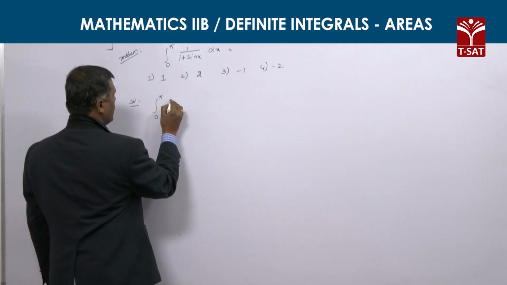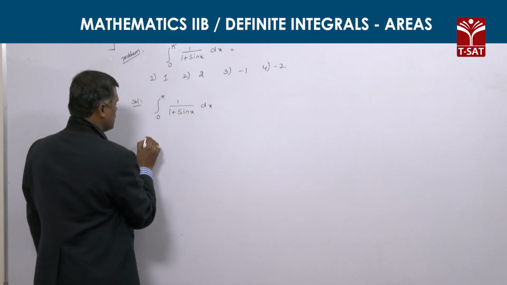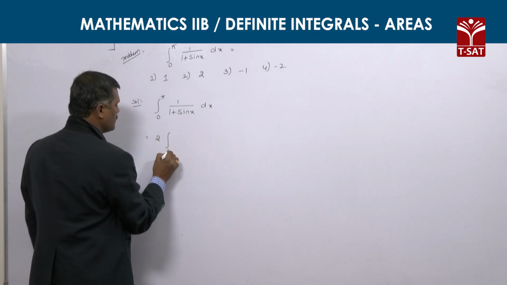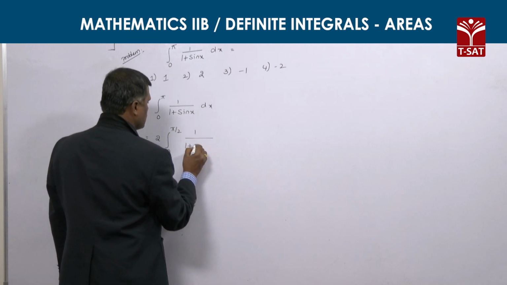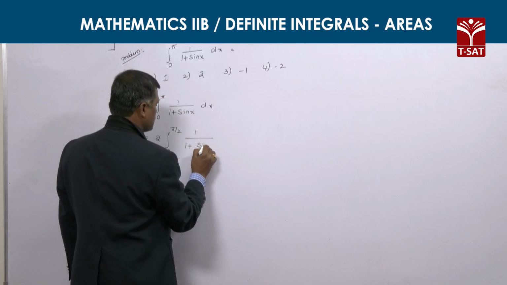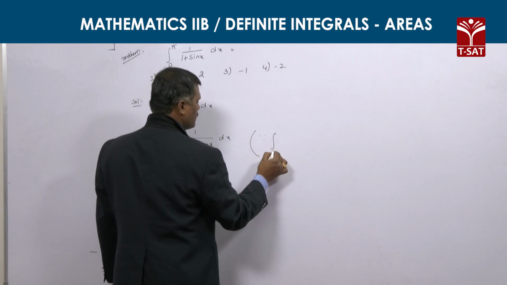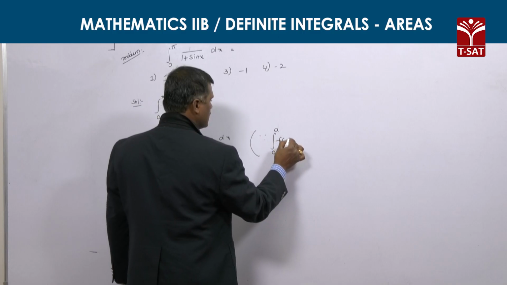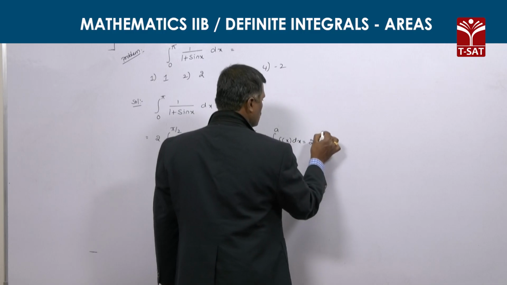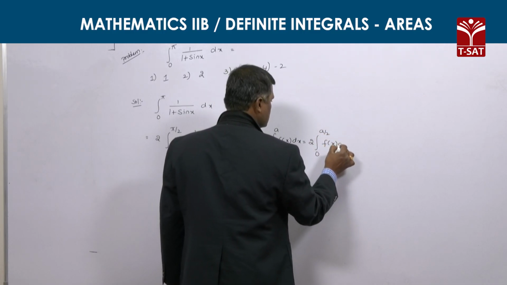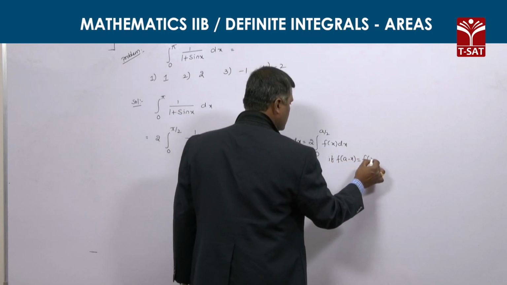Integral of 0 to pi 1 by 1 plus sin x dx is equal to 2 into integral of 0 to pi by 2 1 by 1 plus sin x dx, since integral of 0 to a f of x dx is equal to 2 into integral of 0 to a by 2 f of x dx, if f of a minus x is equal to f of x.